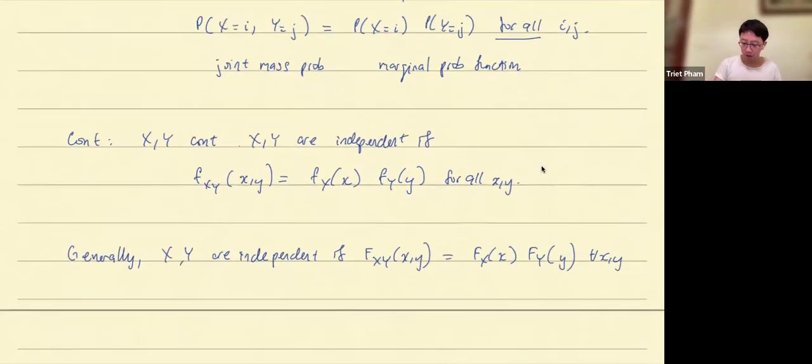If you remember, the joint CDF just means jointly X, Y less than or equal to these values. And the marginal CDF is like that.